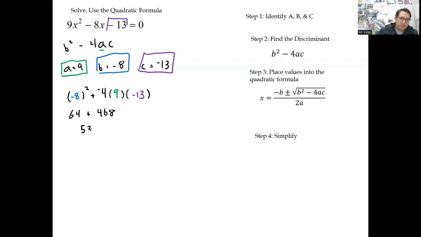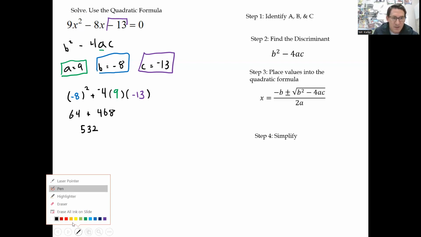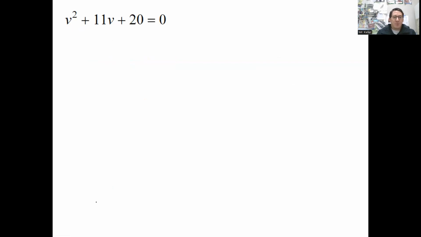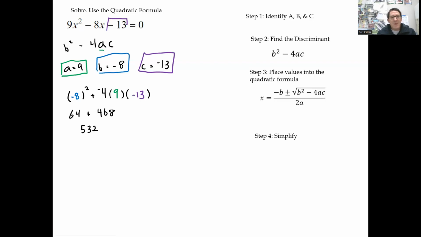All right, so I can now substitute into the quadratic formula. X equals -b plus or minus the square root of b squared minus 4ac, over 2a. What I'm going to do is just rewrite the quadratic formula and put in parentheses for everything I need to replace.